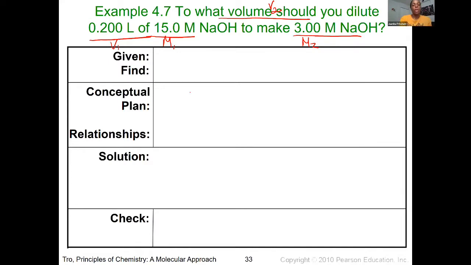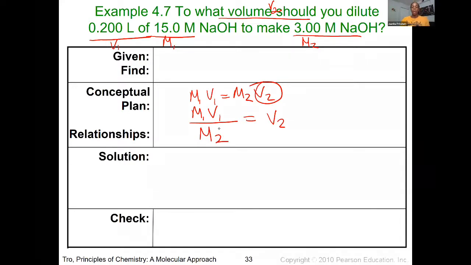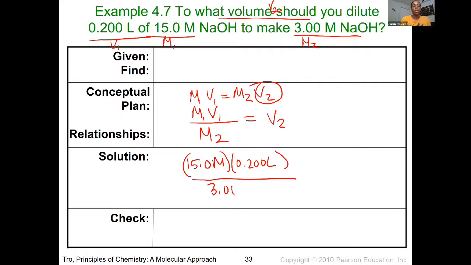So if we take our equation, M1V1 equals M2V2, we now know we're solving for V2. If we rearrange that equation, V2 equals M1 times V1 divided by M2. Then we plug it in. M1 is 15.0 molar, V1 is 0.20 liters, and M2 is 3.0 molar.